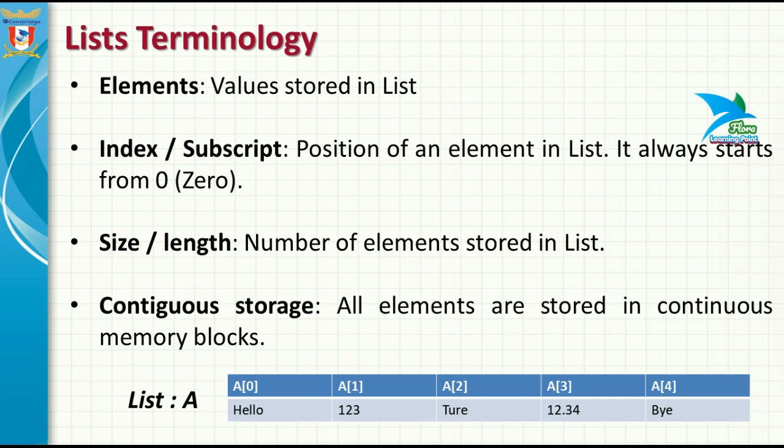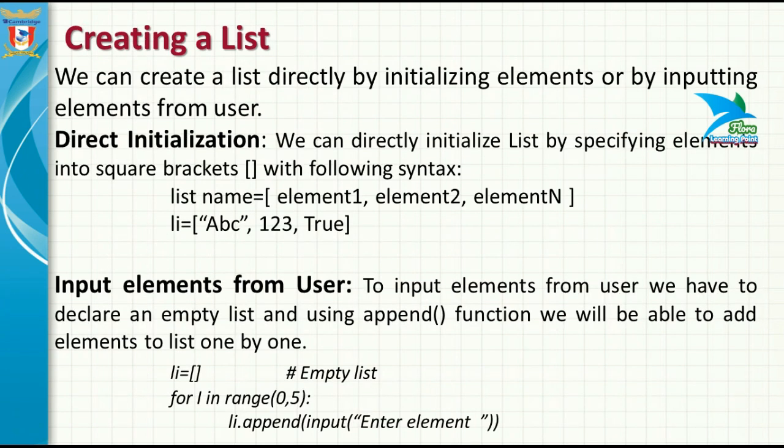For example, if you use three variables a, b, c, it may happen that a is allocated one block and b another, decided by the operating system and the processor. But if you create a list, all the elements will be stored in continuous memory blocks.